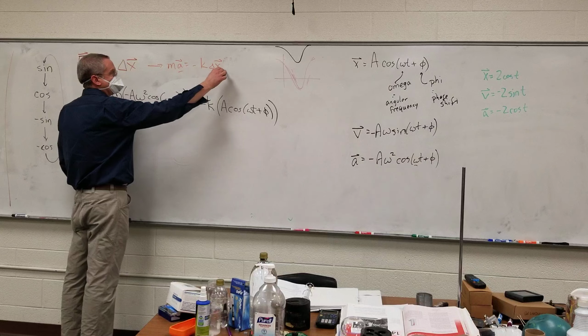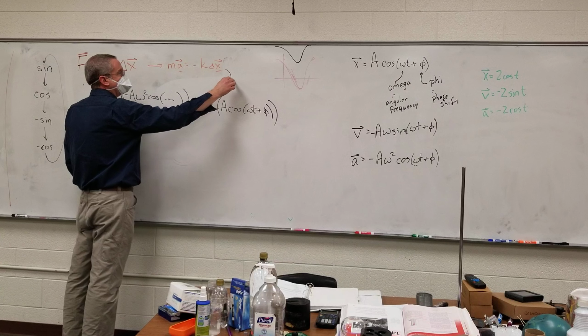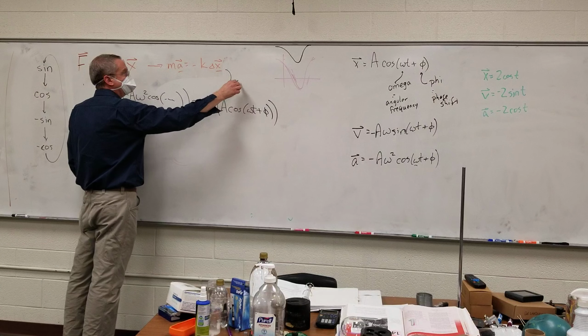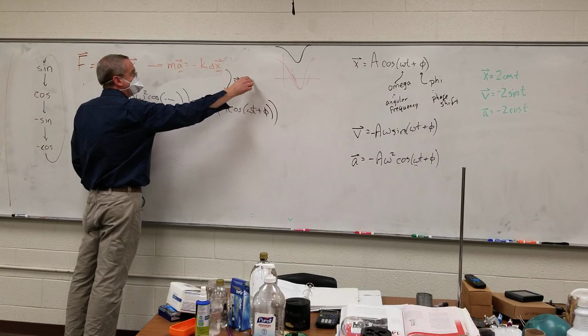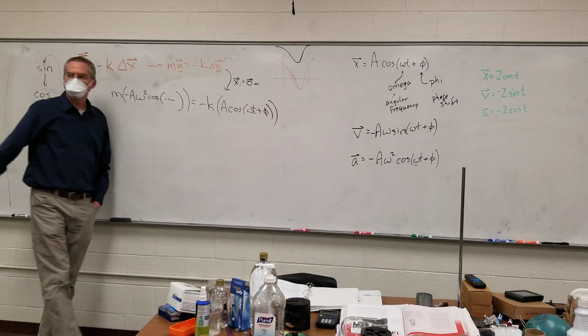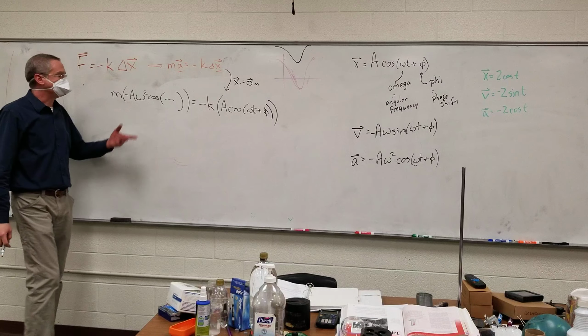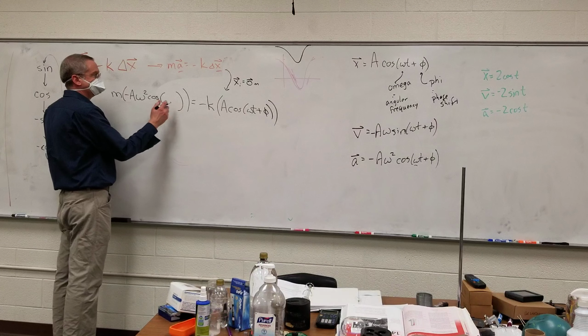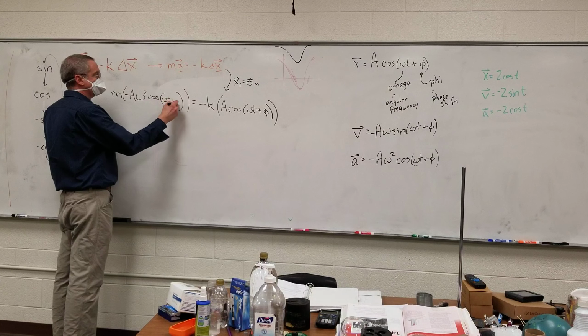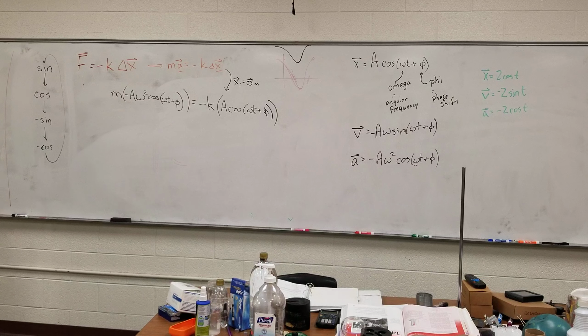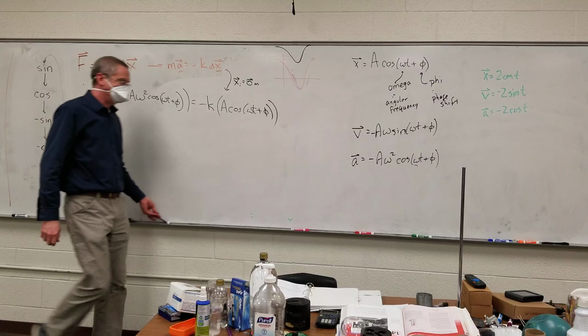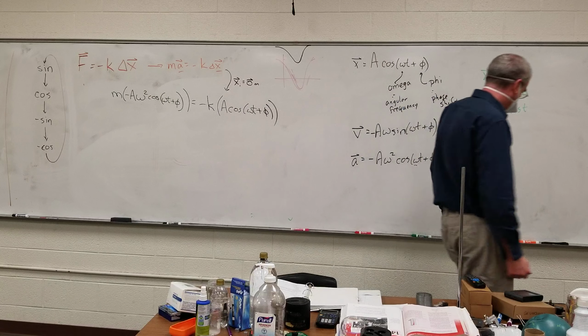There's a built-in assumption here that my initial position is 0. Now what's the squiggly line in parentheses? I just didn't feel like writing it, but it should probably be omega t plus phi. Okay, that's what I was wondering.